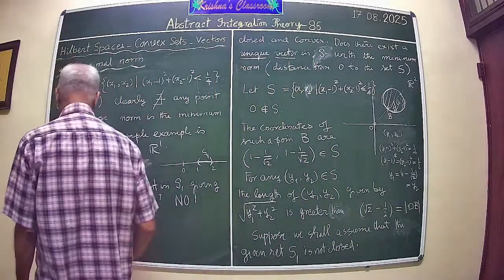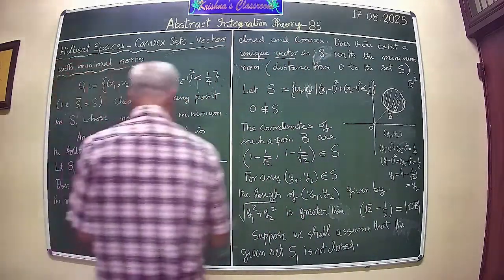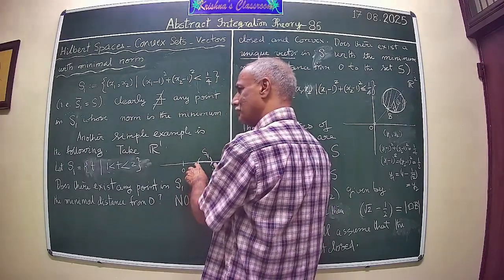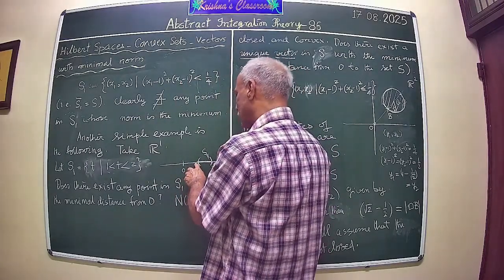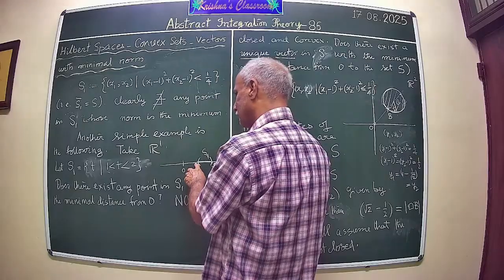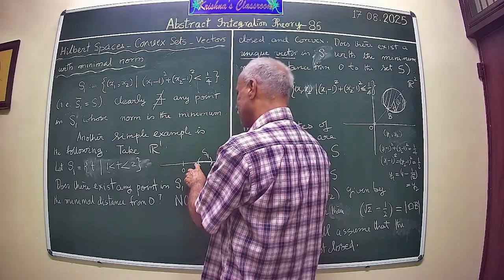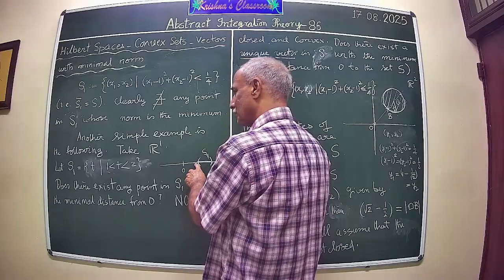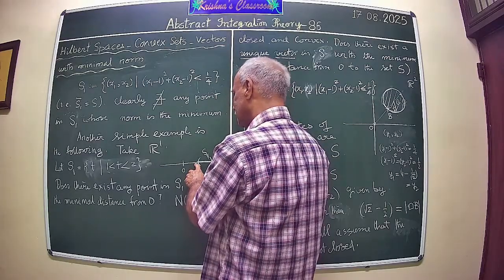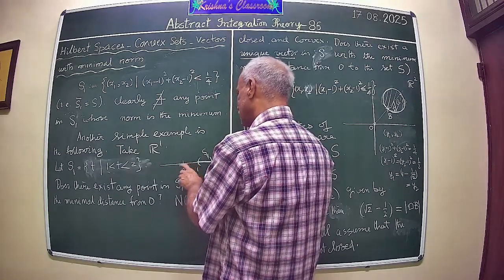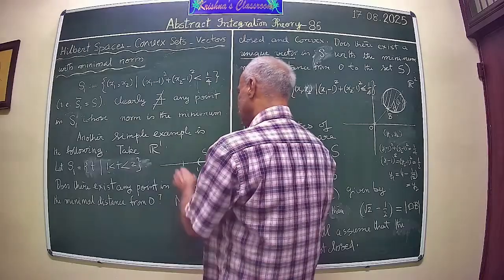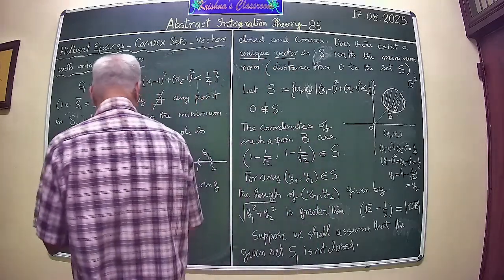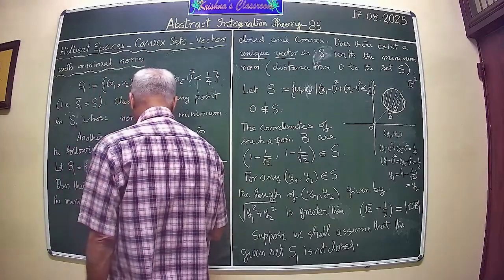Another example: consider all the rational points in this interval, that means Q intersection S1. Does there exist such a point? No. So this example is enough.